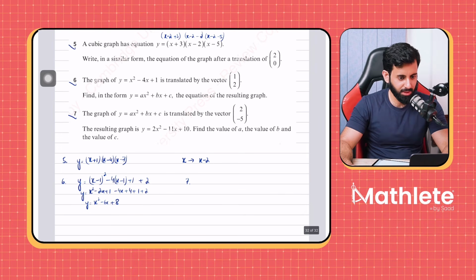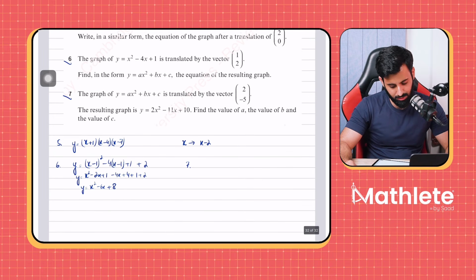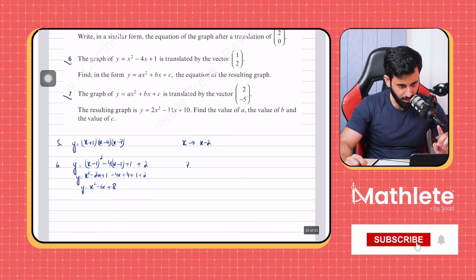2x squared minus 19x plus 35. 2x squared minus 3x plus 23. Nope, wrong. Sorry, both of you are wrong. I hope you guys are reading the question carefully.